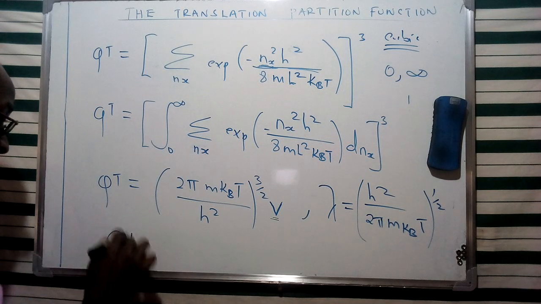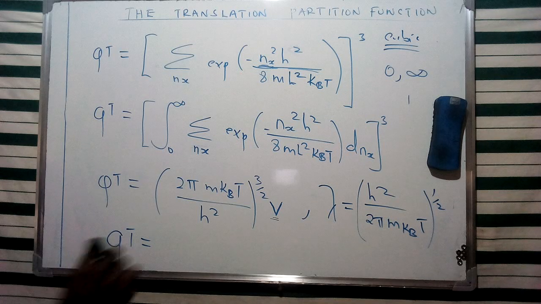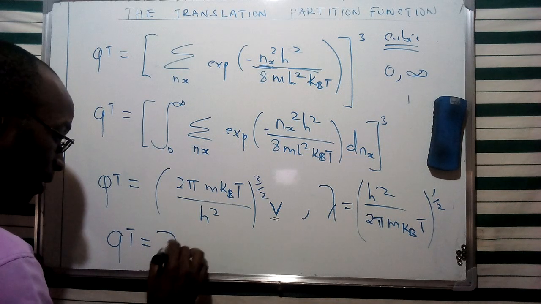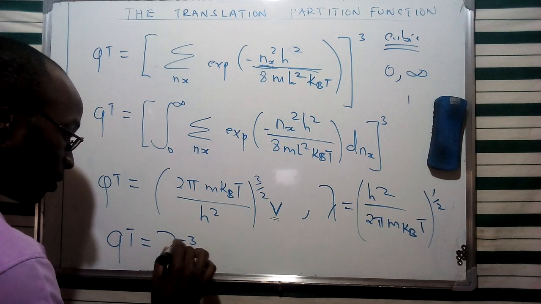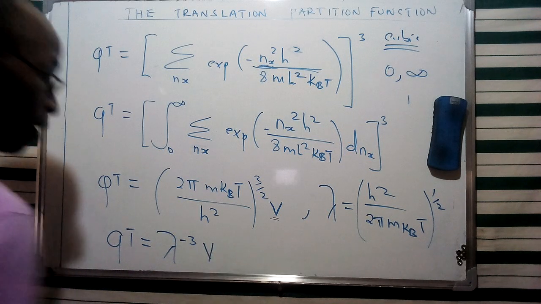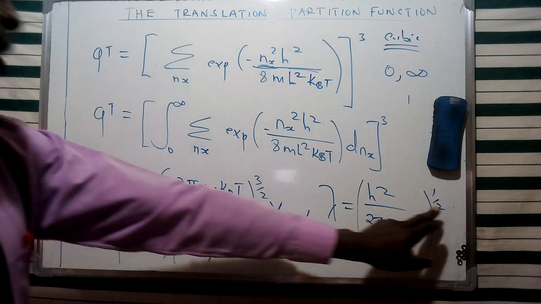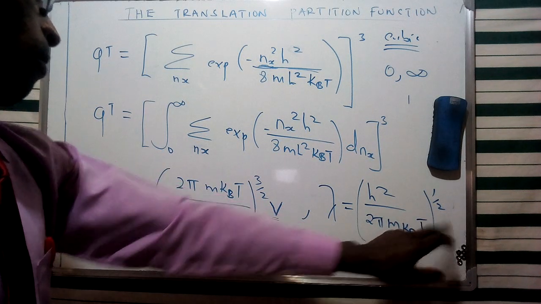In that, it's going to give us the translation partition function in terms of the negative cube root of that value for the de Broglie wavelength times the volume. If you look at this exponent together with that one, that's going to give us a product of 3.